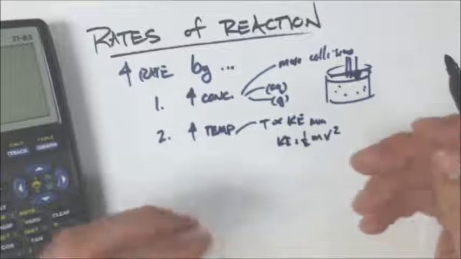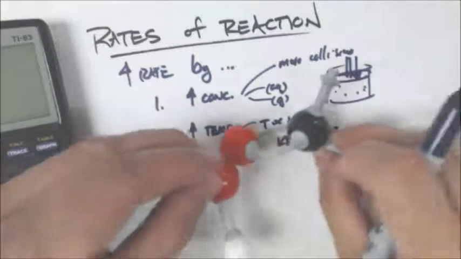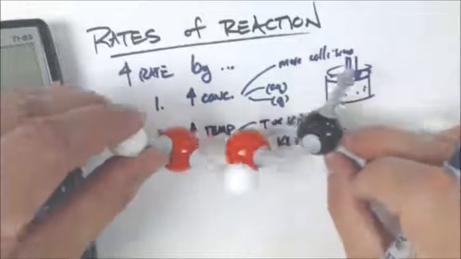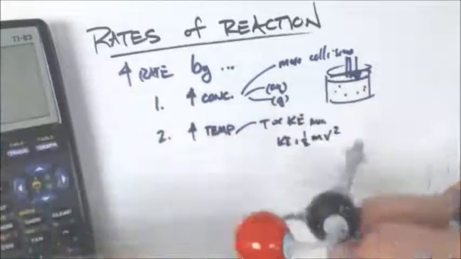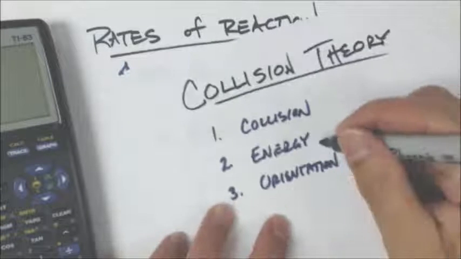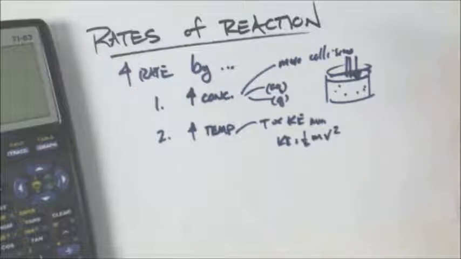And if they're moving faster, they're going to collide with each other more often, and with more force. So that means there's more opportunities for that activation energy to get the reaction going, to take place.